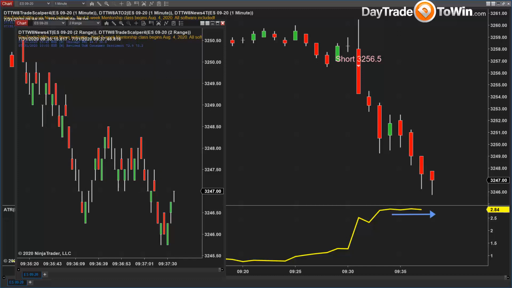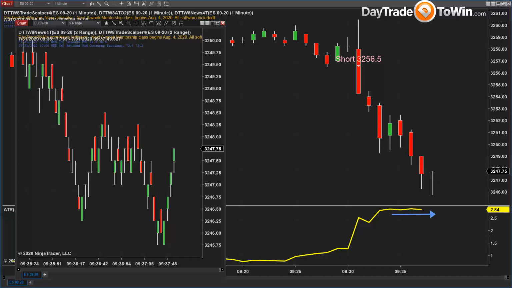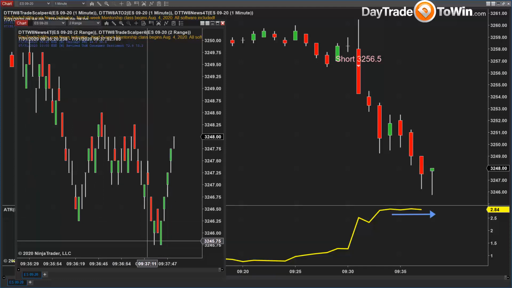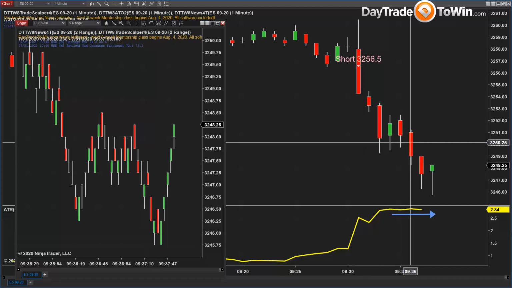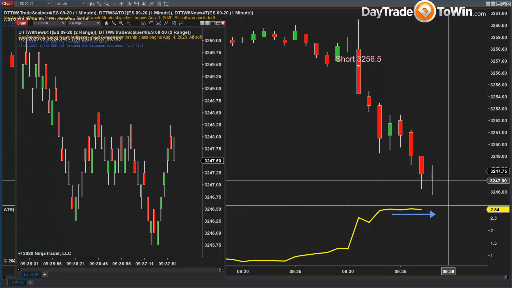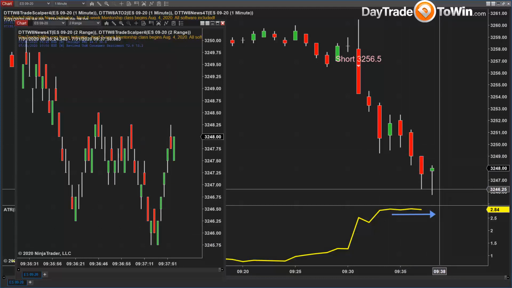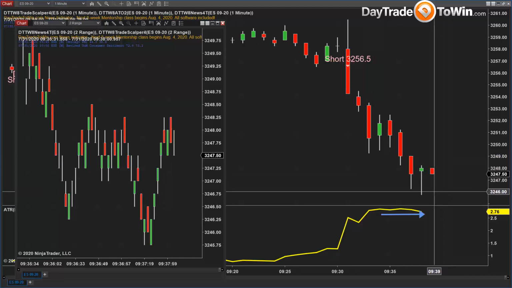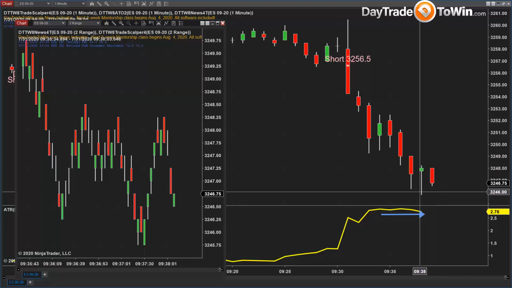Before I continue, I want to make sure everybody understands the difference between a range chart, which is not based off of time, it's based off of distance, and this chart here, which is based off of time, where only after a certain amount of time, a minute, 2 minutes, 5 minutes has completed, then we have a new price bar plot. That's the first thing that everybody should recognize.